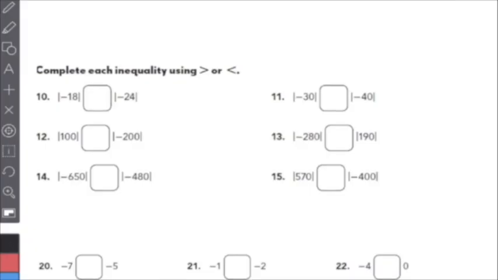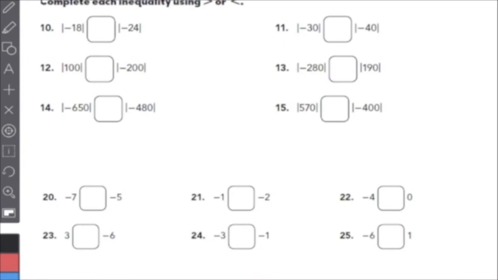Next, we're going to complete each inequality. If you look at 10 through 15 here, the inequalities are all based on absolute value. So we have -18 and -24, the absolute value of each. Remember, absolute value means how far you are away from 0.